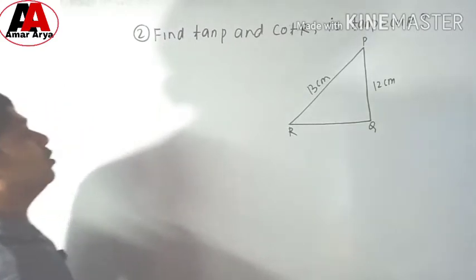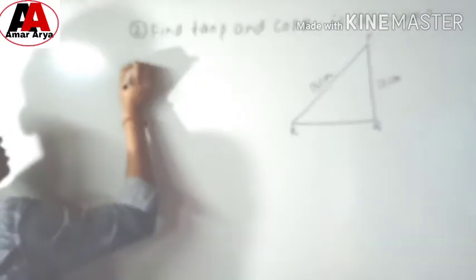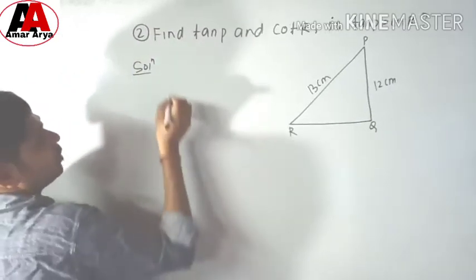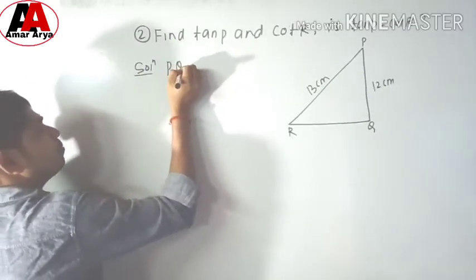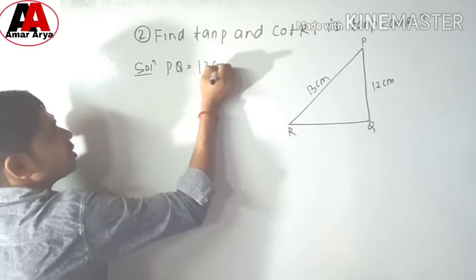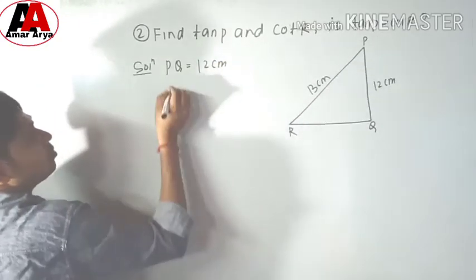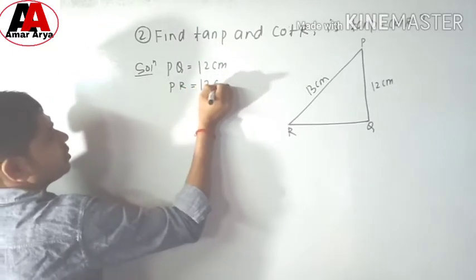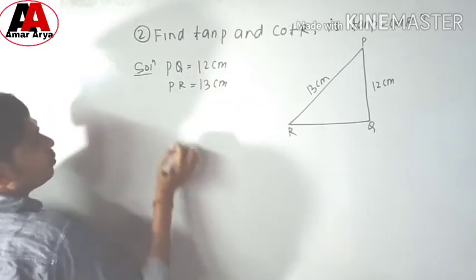So first of all, please find. PQ is given, PQ equals 12 centimeter, and PR equals 13 centimeter. So we can find the value of QR.